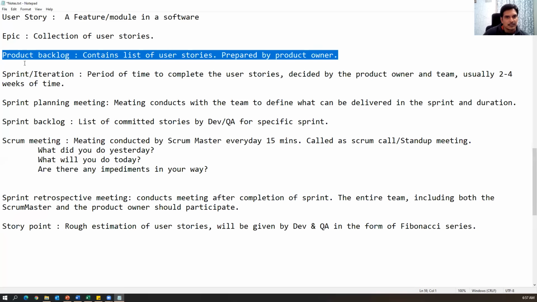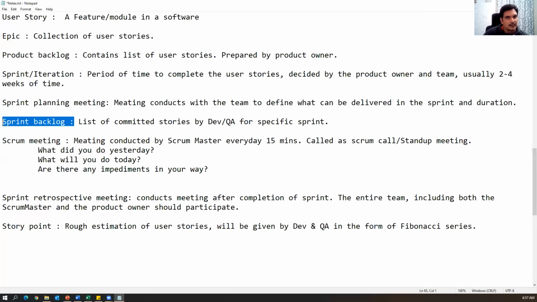For a particular sprint, we will choose some of the stories, accepted by Dev and QA, that we are going to develop and test in that sprint. But on what basis will the developer and QA pick those stories to develop and test? Based on the story points.